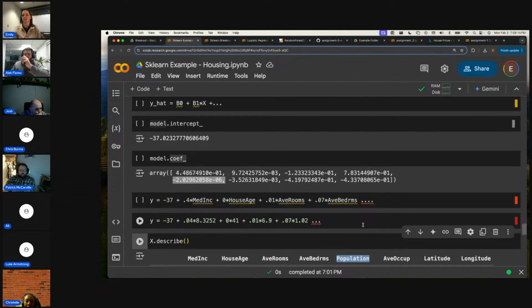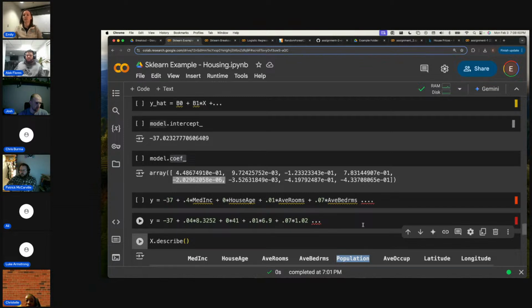Now, that's not necessarily how we can interpret that right now because we didn't scale our features. What do I mean by that? If you have number of bedrooms, that ranges, you could have 1, 2, 3, 4, 5, 6. There's probably not a ton of houses with 15 bedrooms, with 20 bedrooms. We're getting to like a small population there. So your range of bedrooms might be 0 to 20.